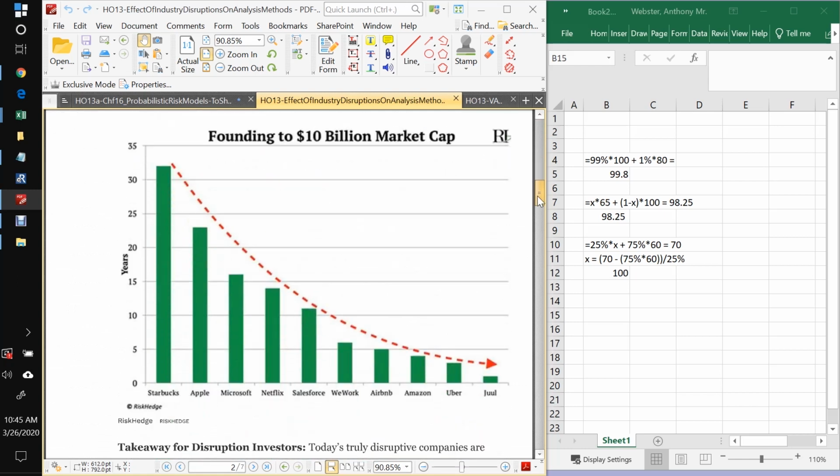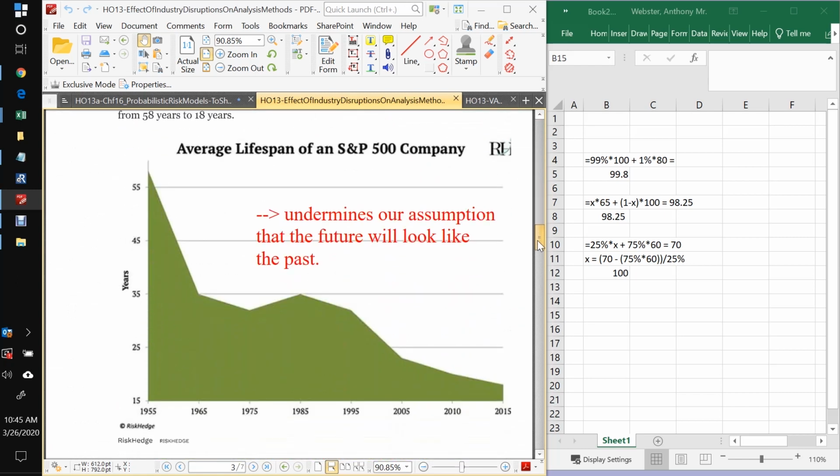It's an interesting article overall, but what I want to bring your attention to in particular is the average lifespan of an S&P 500 company. And you can see back in the good old days, the average lifespan of an S&P 500 company was 55 years, and it's down now to less than 20 years.